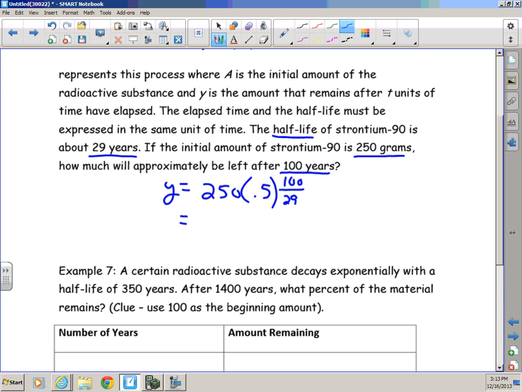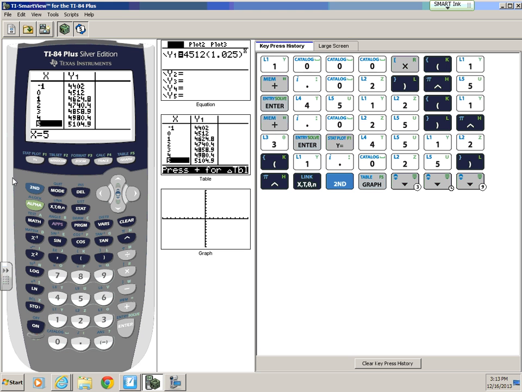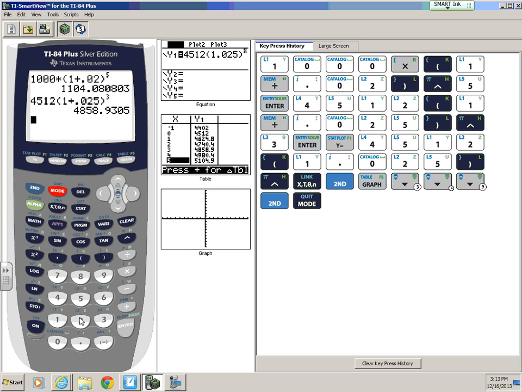Now, please be careful when you put this into your calculator, okay? Because what you're going to put in is 250 times 0.5 raised.